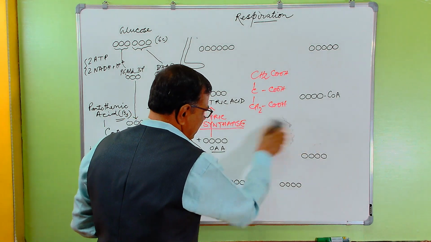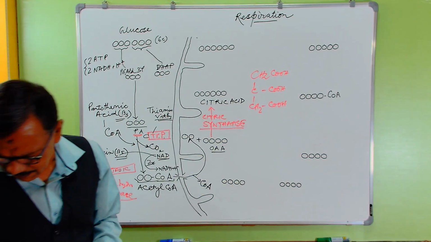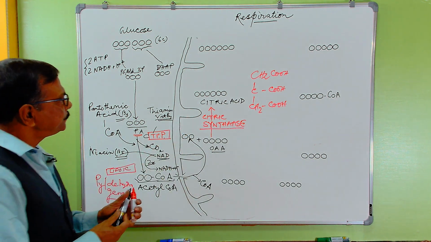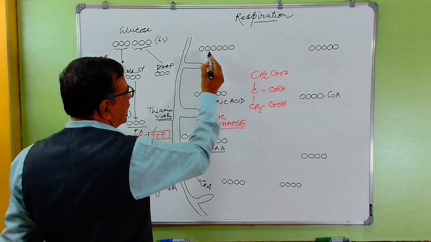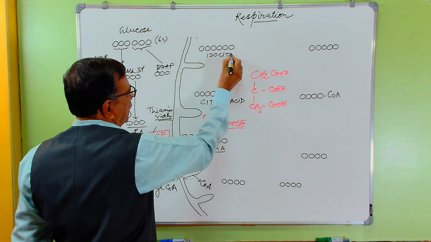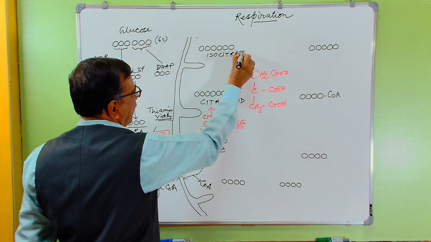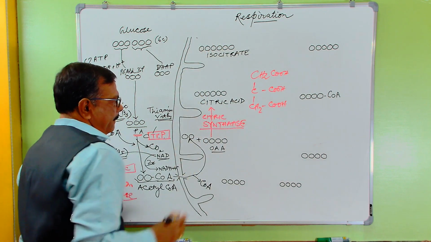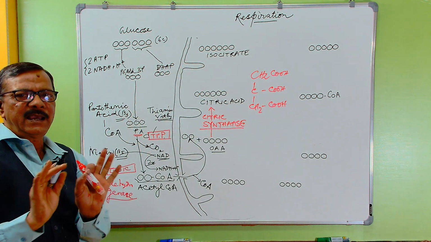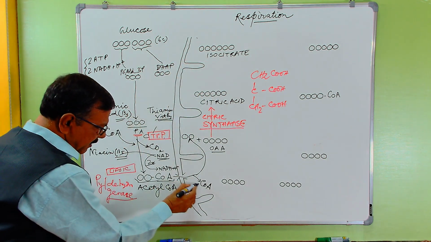Now let us start with another one. This citric acid is converted to isocitrate. Here I have already written CoA.